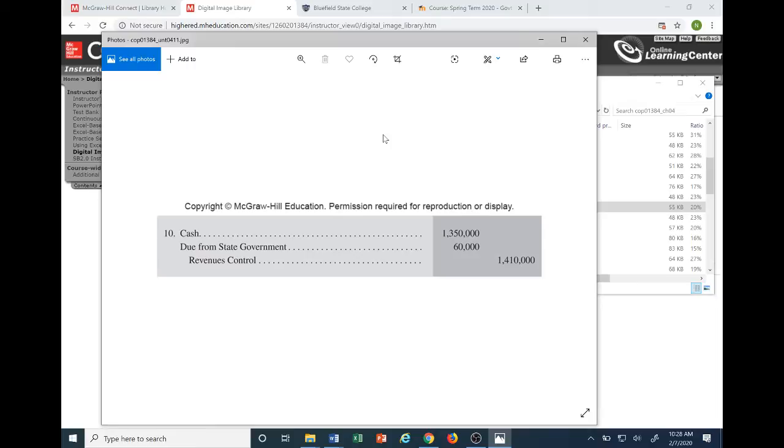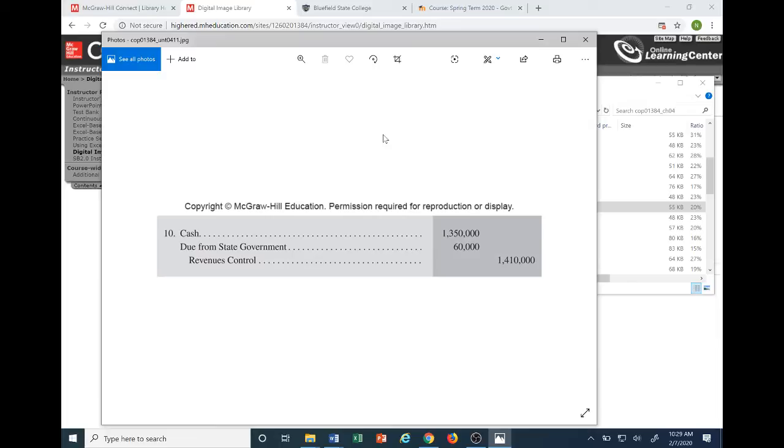So during the year, 1.35 million of sales taxes resulting from 2020 sales are received by the village from the state government, okay? An additional 60,000 resulting from sales during the final week of 2020 are expected to be received in January 2021. So obviously, sales taxes were received of 1.35, so obviously that's cash.